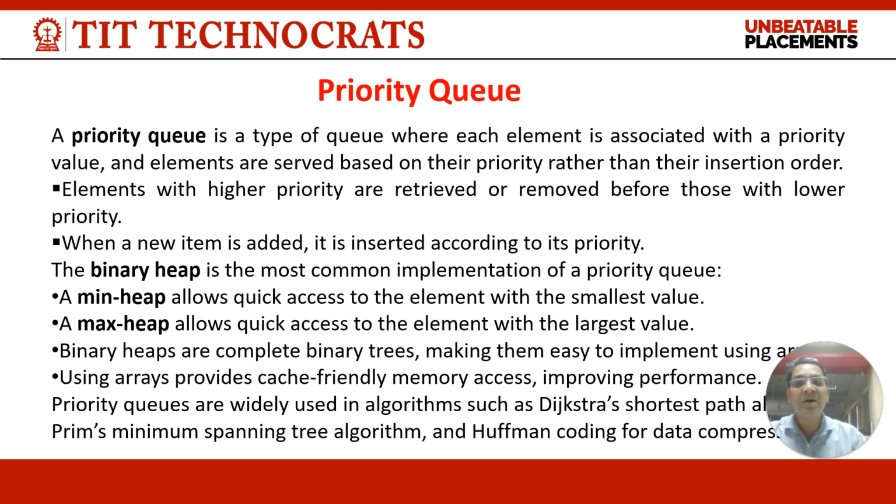A min heap allows quick access to the element with the smallest value. A max heap allows quick access to the element with the largest value. Binary heaps are complete binary trees, making them easy to implement using arrays.